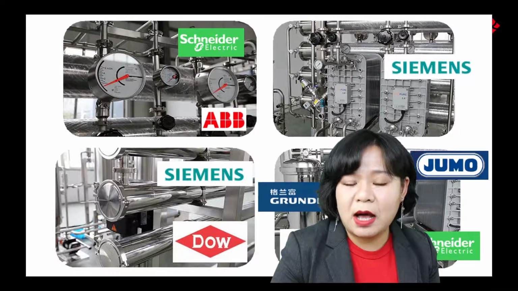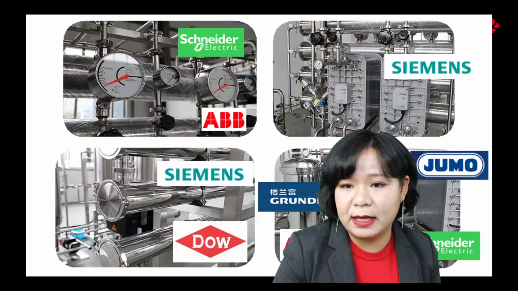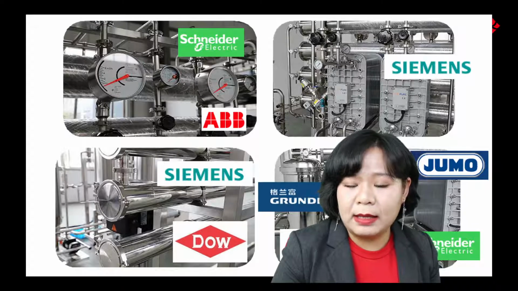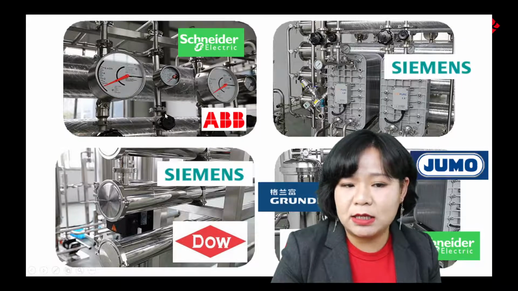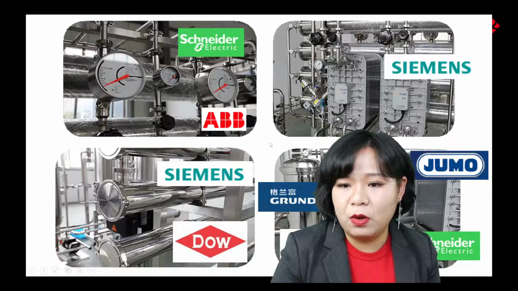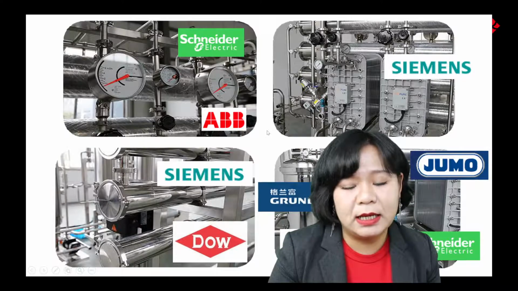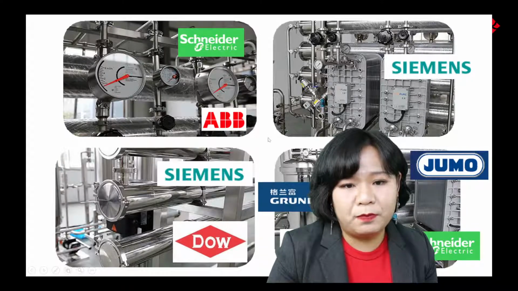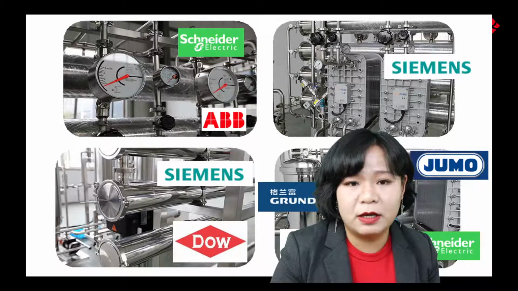So we use top-level worldwide brands like Schneider, ABB, and Siemens for the EDI, and Siemens for the PLC, and also for the pneumatic valves like Gemu, and for our membrane we use US DOW. For the parameters and the meters and gauges we use JUMO from Germany, and for the high pressure pump we use Grundfos.